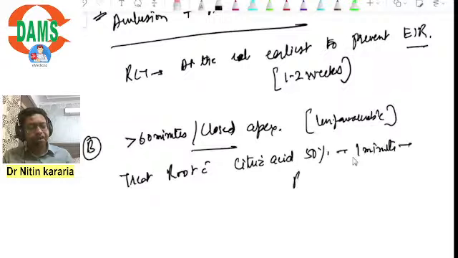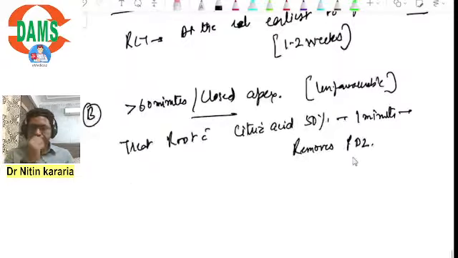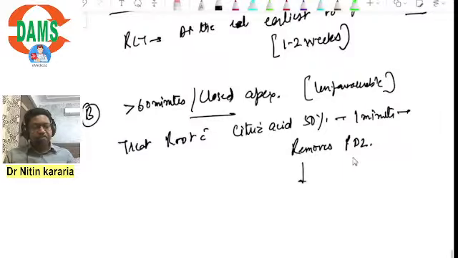This removes the PDL from the root. Okay, because the necrotic PDL would initiate an inflammatory response and lead to resorption of the tooth. We have to prevent that because the time is more than 60 minutes. There is no point of replanting the tooth directly. We have to remove the PDL from the root surface by treating with an acid.